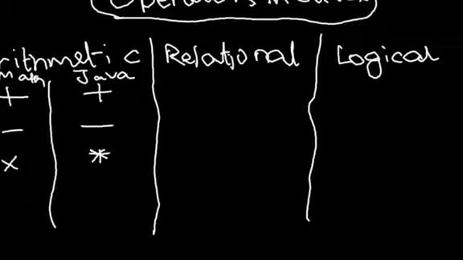That's for multiplication. Now division in math is like this, but in Java it's a slash. So it's a backslash or a forward slash. I think this is called a backslash, I'm not quite sure, but it's a slash. It's the same key that is there on the question mark sign, same slash.